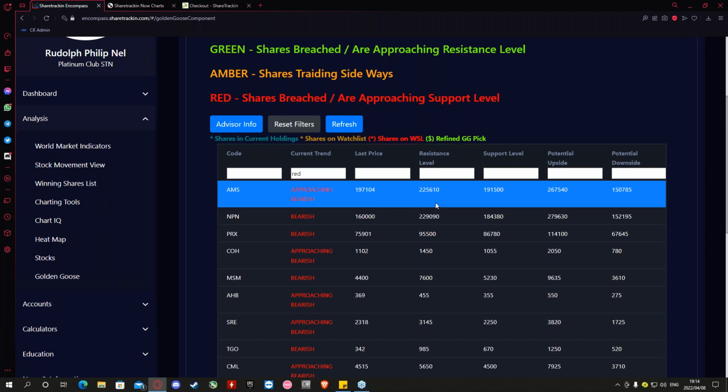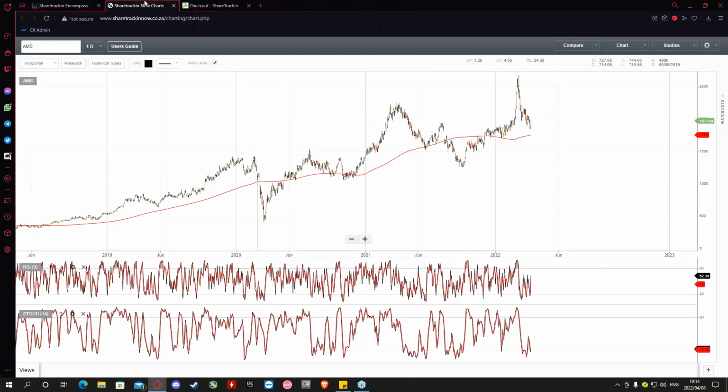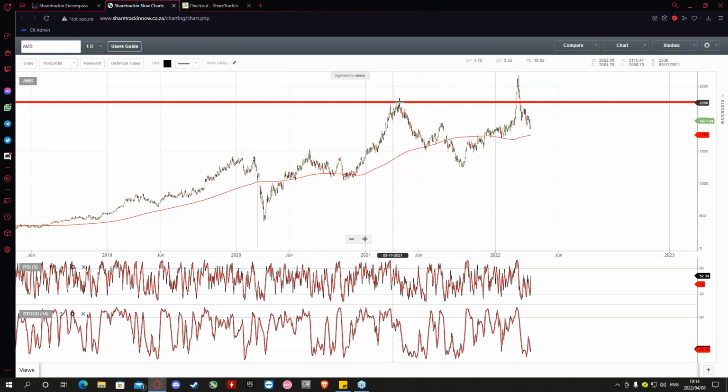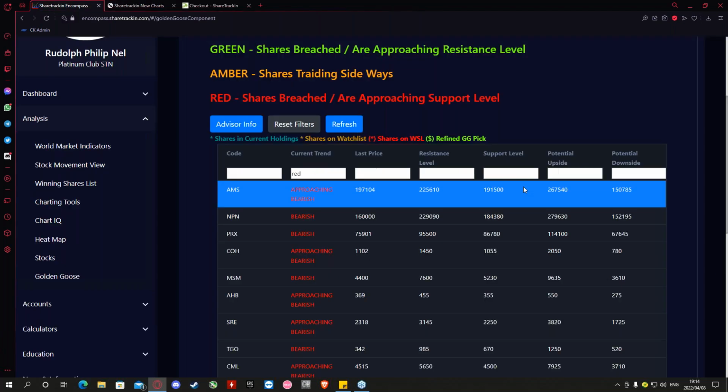The resistance level, the top level, is 2,256, more or less in that area, and then your support level is on 1,915.